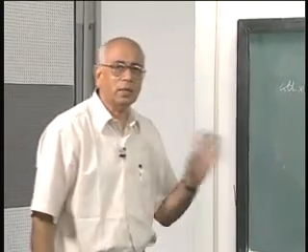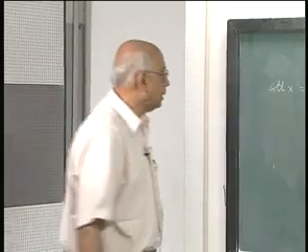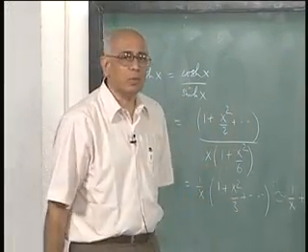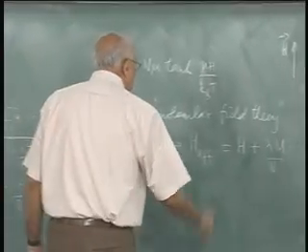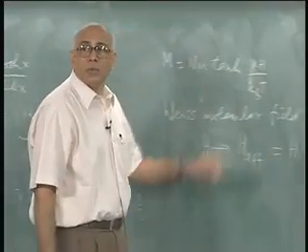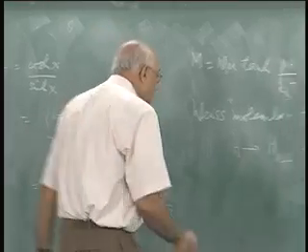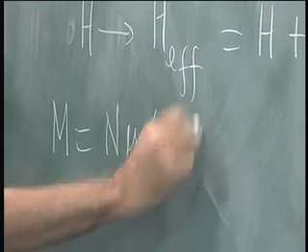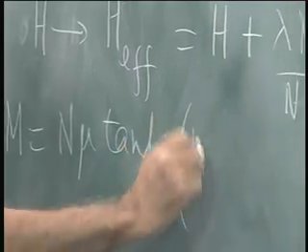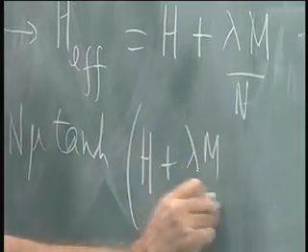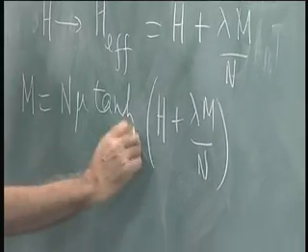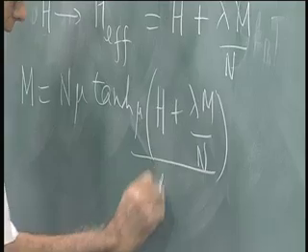You should not add an intensive and an extensive quantity. If you do, then the constants multiplying it will become of order n, and you do not want that. So I put this in and ask what happens now. Then my magnetic equation of state is m equal to n mu tanh of (H plus lambda m over n) times mu over k Boltzmann T.